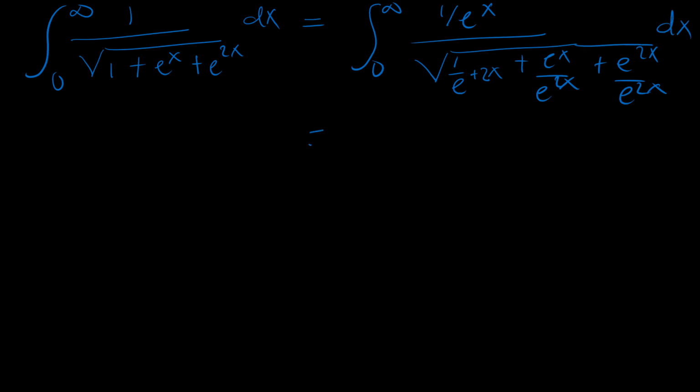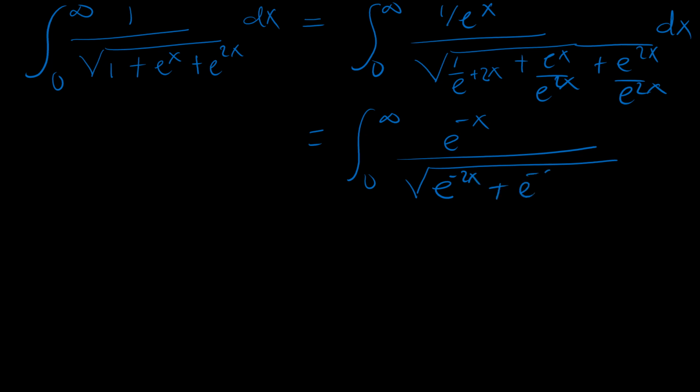So this becomes the integral from 0 of e to the power negative x over the square root of e to the power negative 2x plus e to the power negative x plus 1, right? So that we can go ahead and express the denominator as an interesting expression.